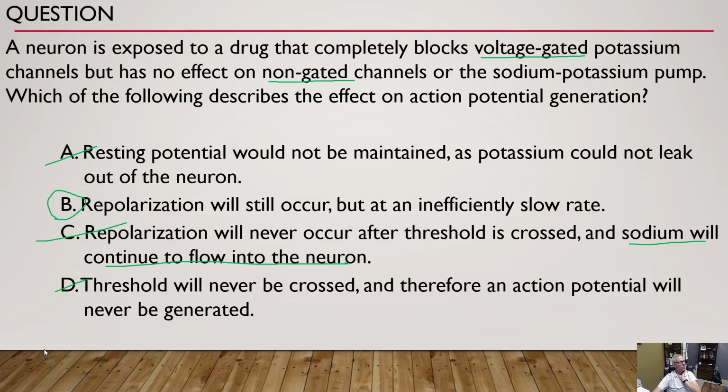So if you remember, our action potential looks something like this. Now, our voltage-gated potassium channels are blocked, but our ion-gated channels work fine and our sodium-potassium pump works fine. What we would see is that repolarization would still occur, but at an ineffectively slow rate.